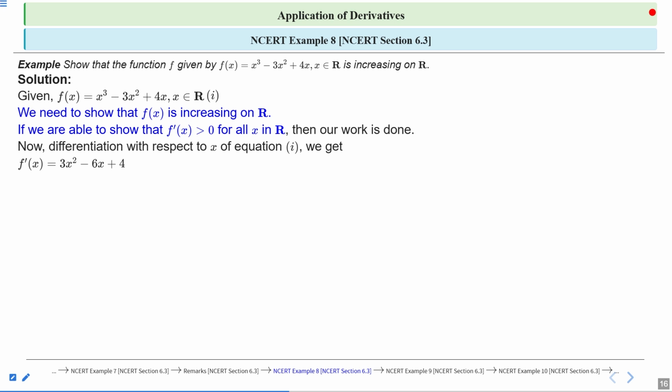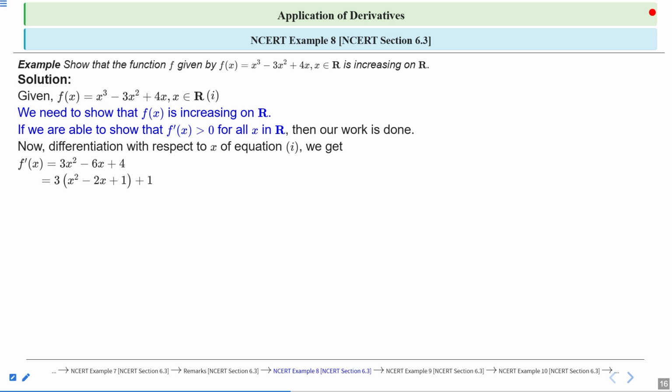Clear? So f'(x) will be 3x² − 6x + 4. F'(x) will be 3x² − 6x + 4.